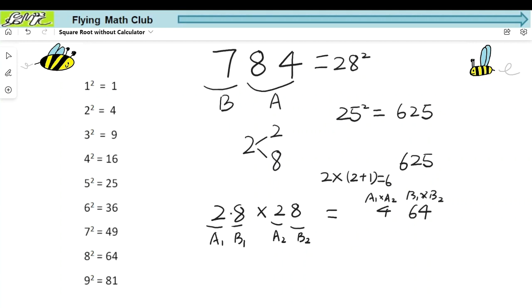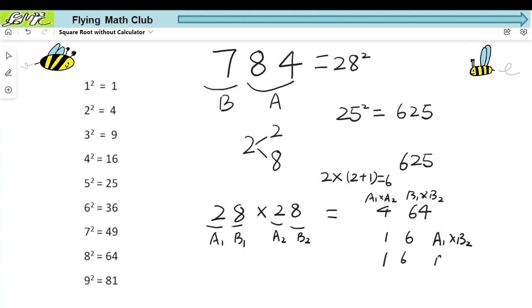Then the cross products. A1 times B2 is 2 times 8, 16, but start from the tens position here. Then another cross, B1 times A2, 8 times 2, still 16.